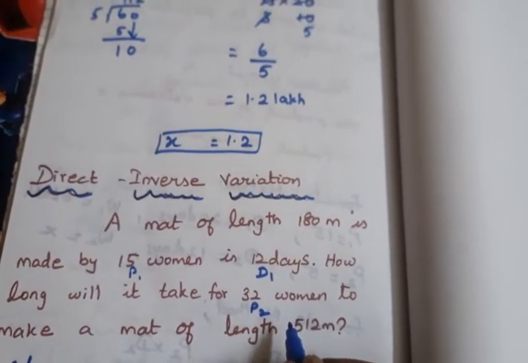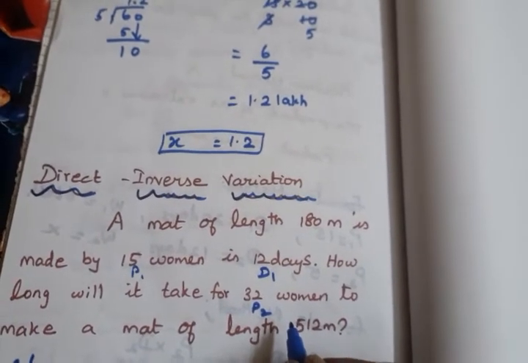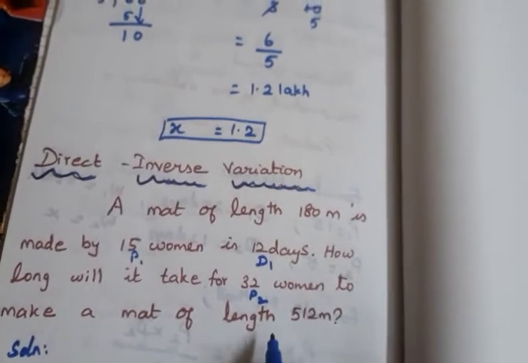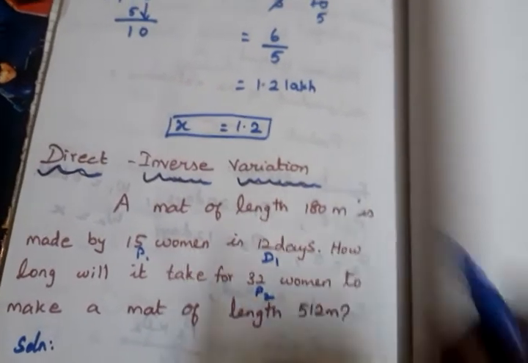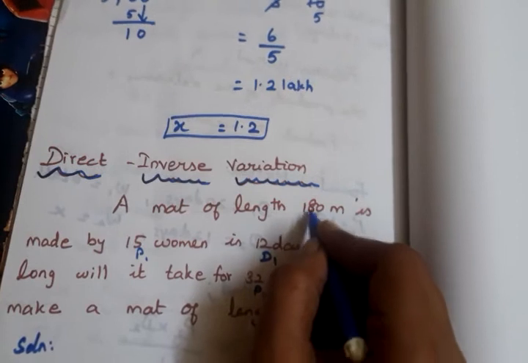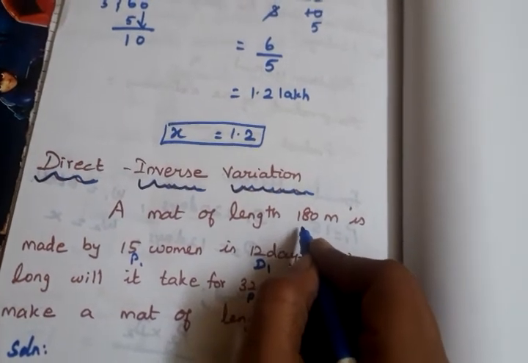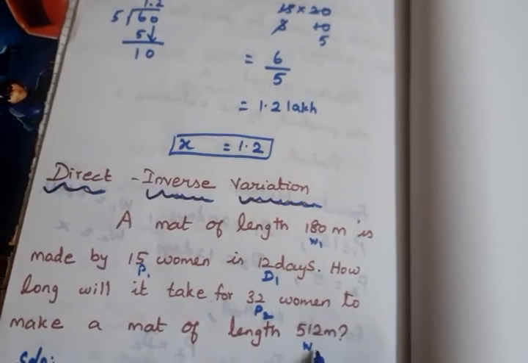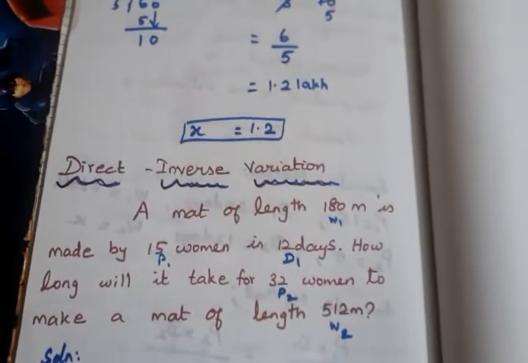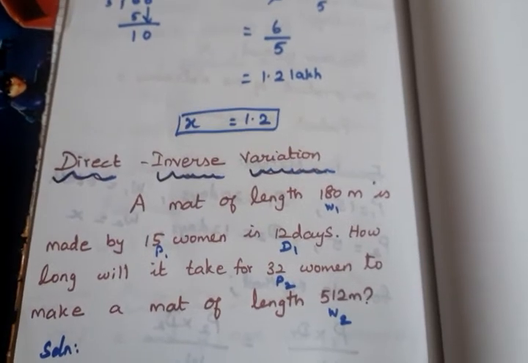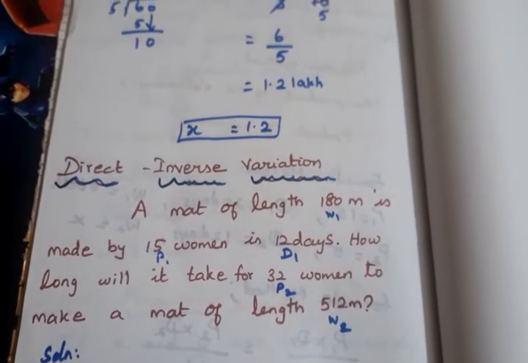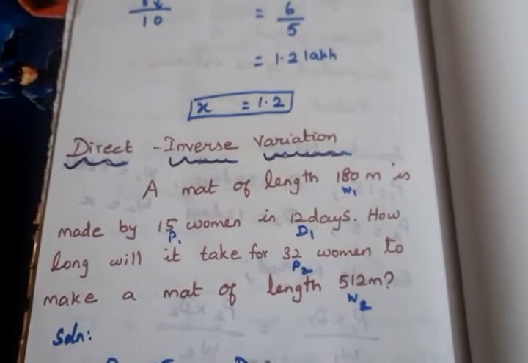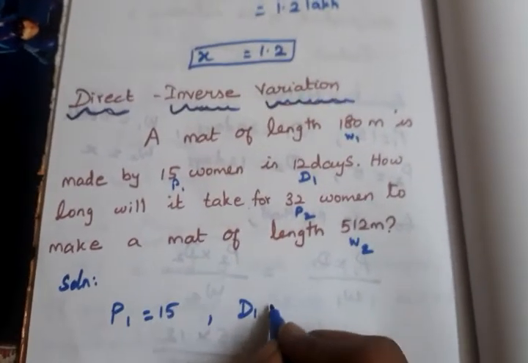Now we will find the days. D2. Next is W1. How many meters is the mat length? W1 180 meters, and this is W2. So P1, how many workers? 15 women. Next D1, how many days? 12 days.